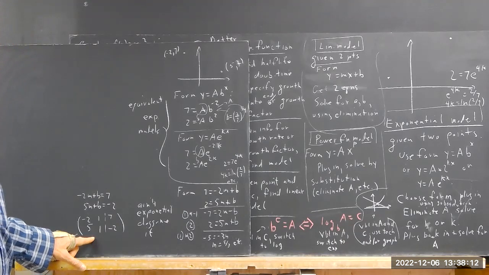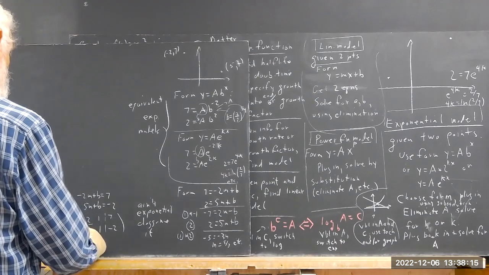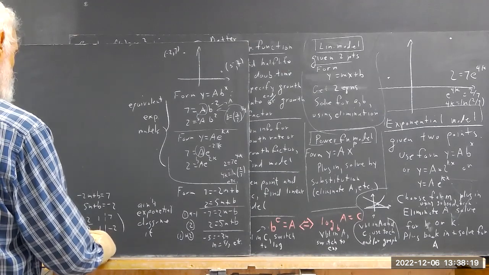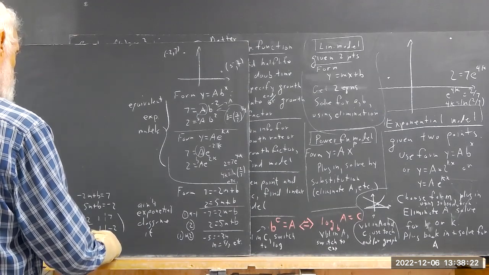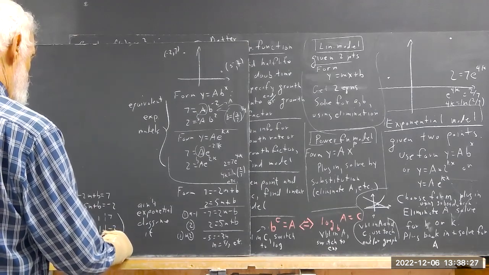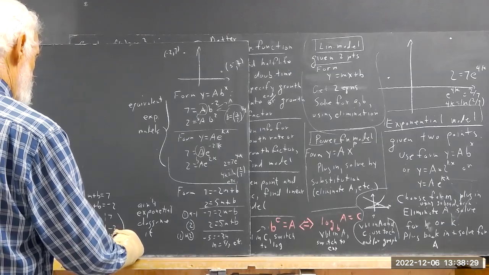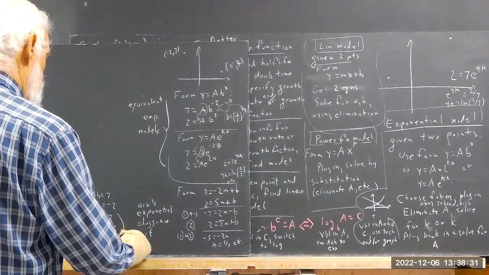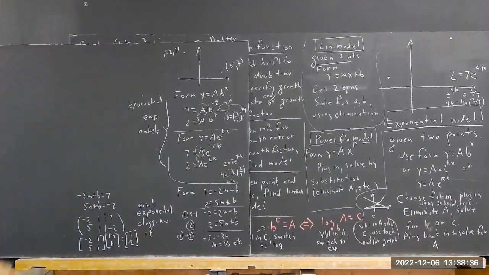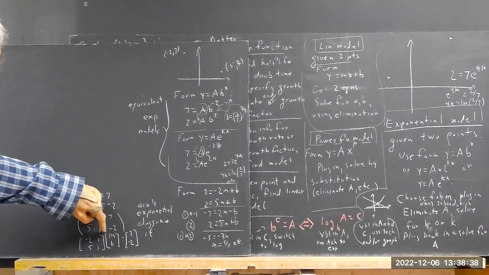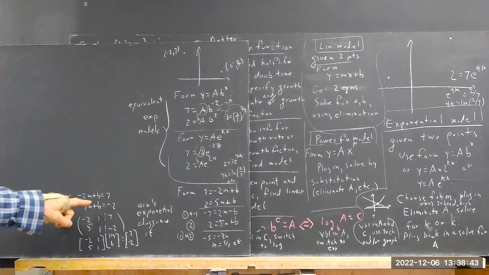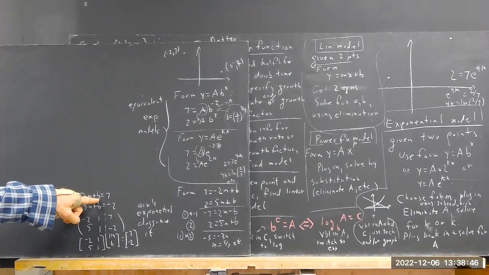Okay. For the matrix equation, you might have to review a little bit, but the matrix multiplication is simple. -2, 1 times m, b is -2m plus 1b, right?